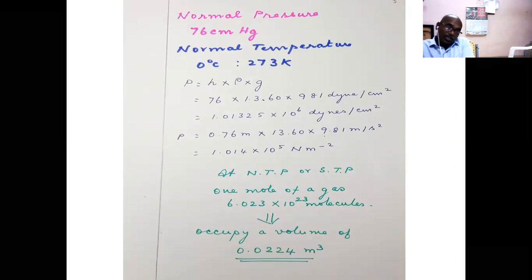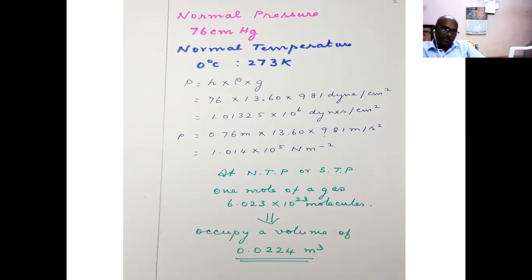When the pressure of the vacuum and the pressure acting on the mercury in the beaker are equal, that is the level. If you measure the level from the mercury in the beaker to the mercury in the tube, it will be exactly 76 centimeter or so. So 76 centimeter mercury is the normal pressure.